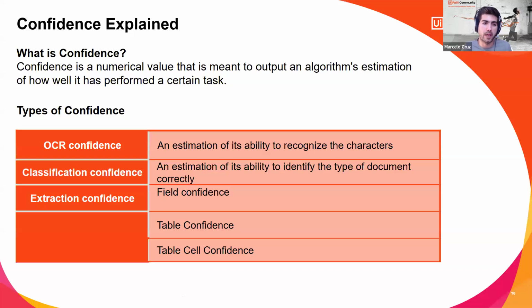And so we have the confidence on the classification level. So how confident was the classifier on the given classification to a specific document type. And also we have the confidence at extraction level. So on each field, so the field confidence and table confidence and the table cell confidence.